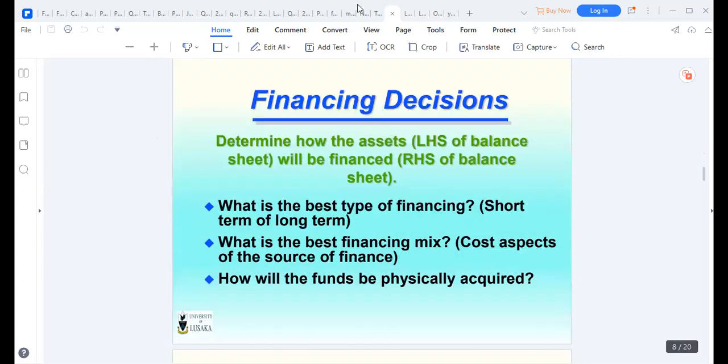We also have financing decisions that will trigger a financial manager to understanding the type of financing, whether short or long term. Also, to understand the financing mix. We call this a capital structure. What should it comprise of?